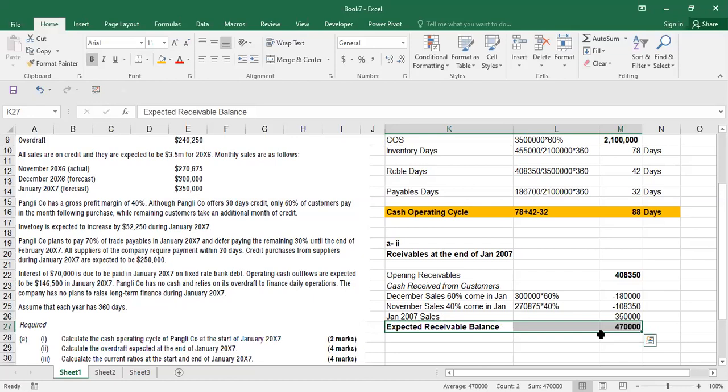I mean, not very difficult, but this is one skill which you need to know how to calculate. My opening receivable minus the cash coming in from the December sales, minus the cash coming in, because this includes November, December, and the previous months, okay? So this will come in, I will sell new, and this is my receivable balance, which is 470,000.